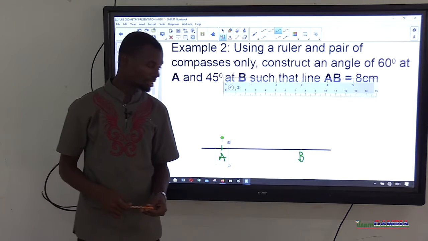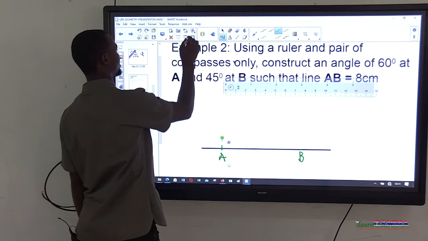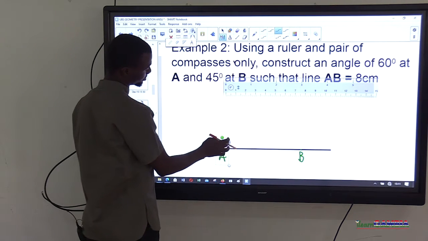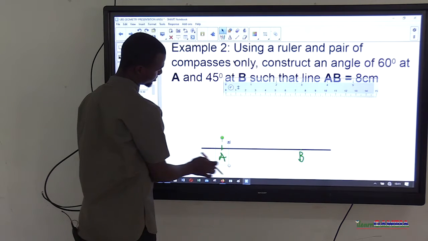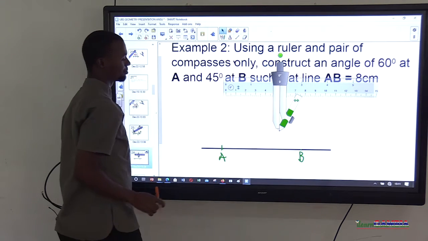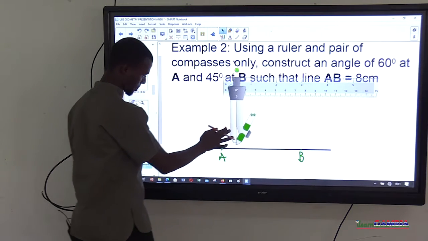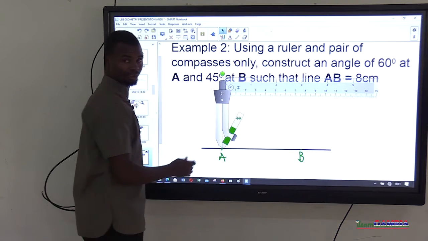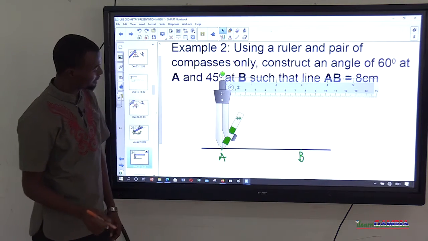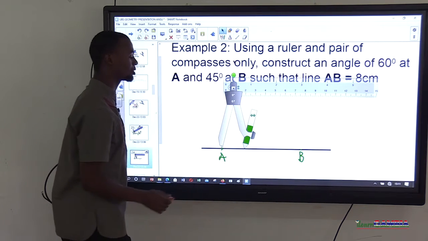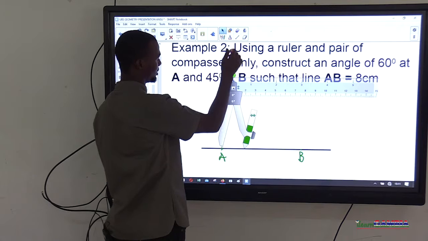So let's construct the 60 degrees at A. We get our compass for it. We've constructed 60 degrees in the previous one because we were to construct 30, so we needed to construct 60 degrees.